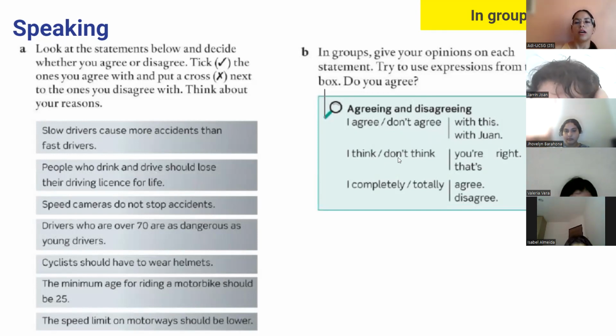I think or I don't think you are right, or that's right. I completely or I totally agree or disagree. It says that you have to give your reasons. So why do you say this? Why do you say you don't agree with this situation? And you say because of this and that, using these expressions that we have in the language box. Groups of 3.